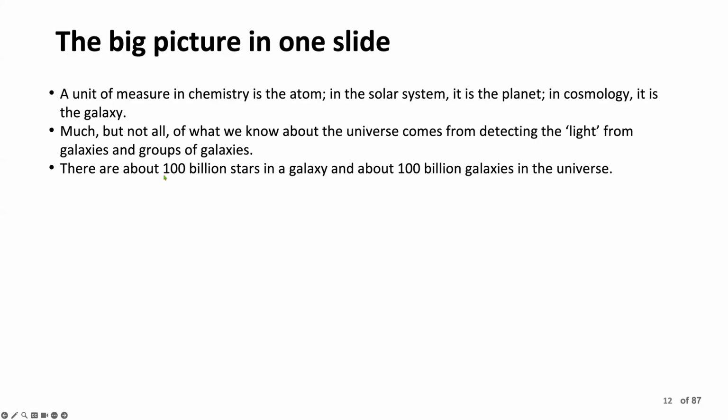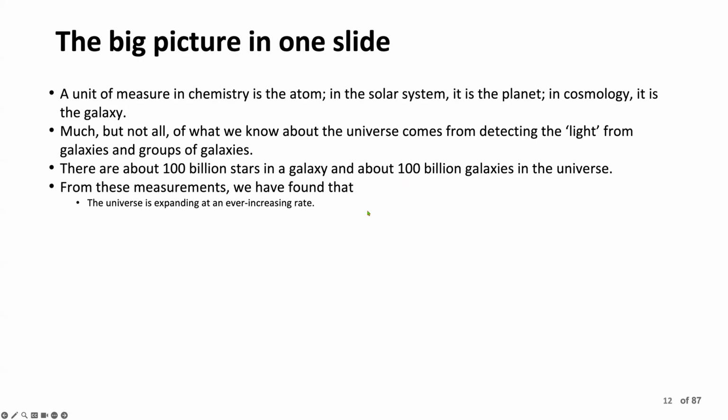A typical galaxy has around or more than 100 billion stars. And the typical estimate for the number of galaxies in the universe is at least 100 billion galaxies, probably more like a trillion galaxies.